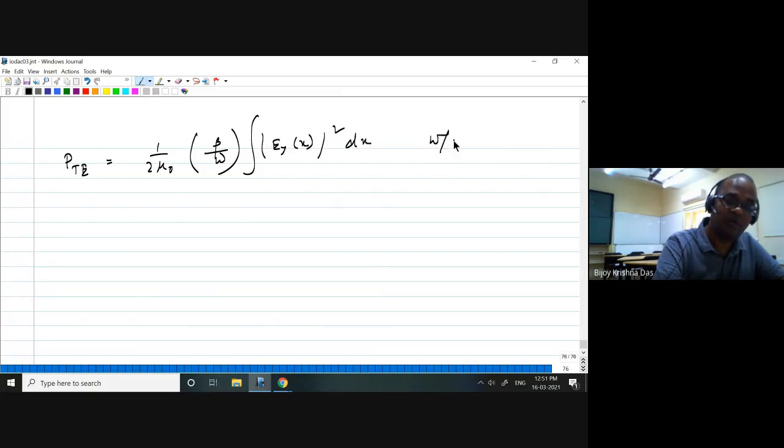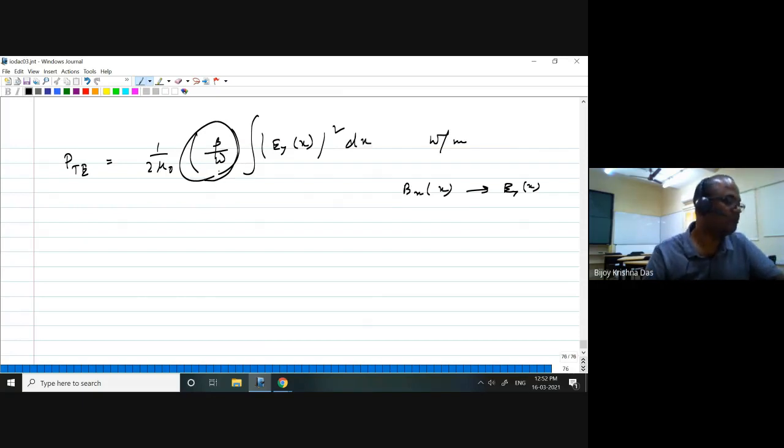We can write watt per meter, because dy I consider 1 meter. So I have expressed BX in terms of EY, and this factor beta by omega will come. You just check. So this is the power flow.